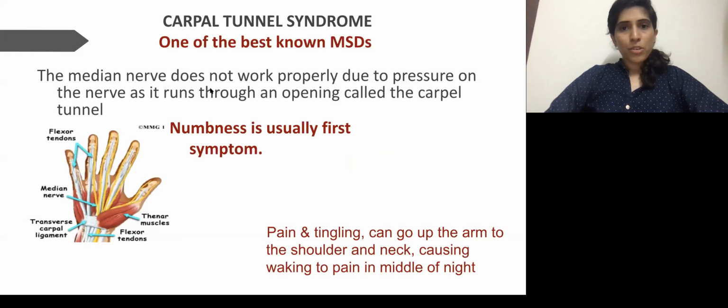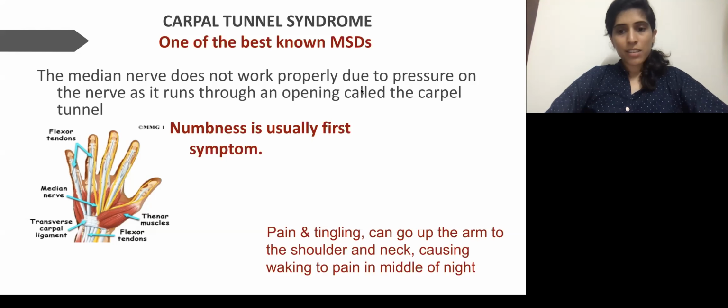The most common issue after obesity, upper back pain and lower back pain, is carpal tunnel issues. Carpal tunnel syndrome is basically the compression of the median nerve near the wrist joint, or near the carpal tunnel, and as a result there will be numbness and pain.